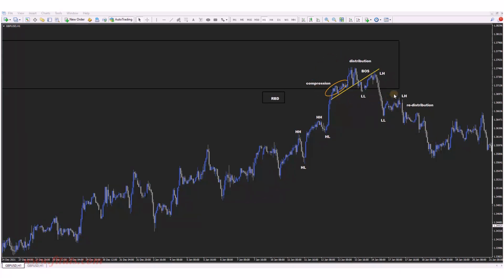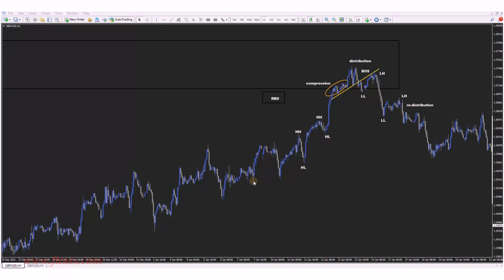So I call the whole price action and the supply with our pattern, in this case the compression, as a distribution. So sellers are ready to distribute the price and to really make a true big sell. And the first range after distribution I call redistribution.